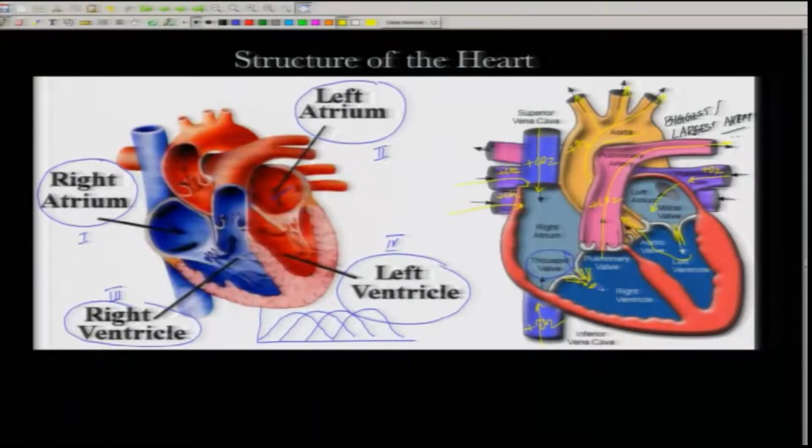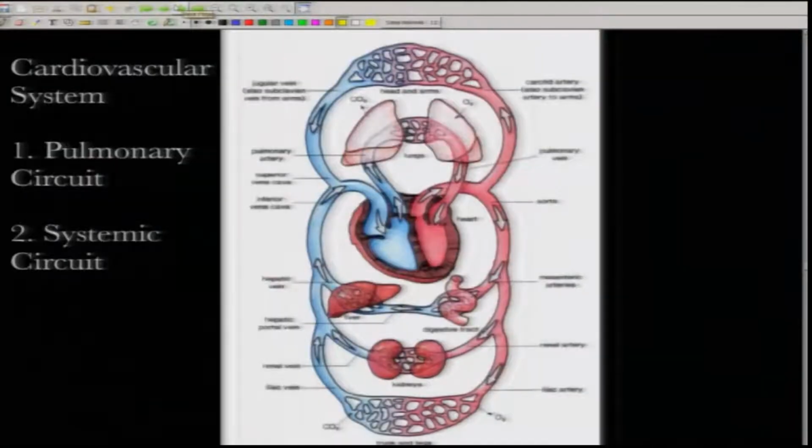Now, these are the cardiovascular system's 2 arms which I have talked to you about, but now I am showing the diagrammatic view. So, the pulmonary circuit and the systemic circuit. The pulmonary circuit is this small circuit. Let me label it.